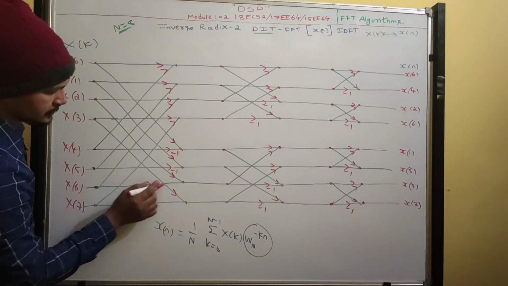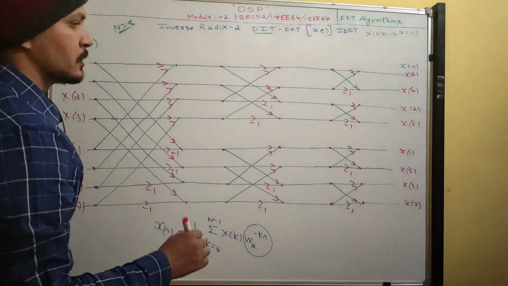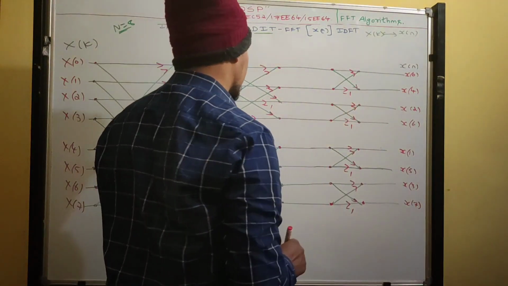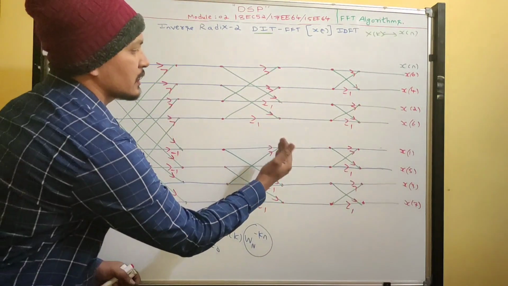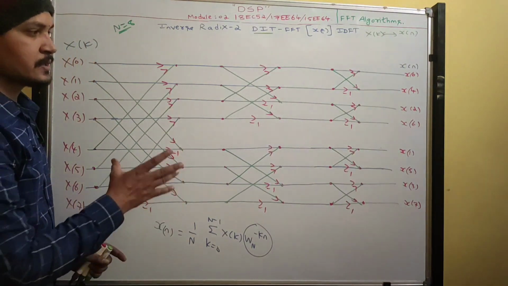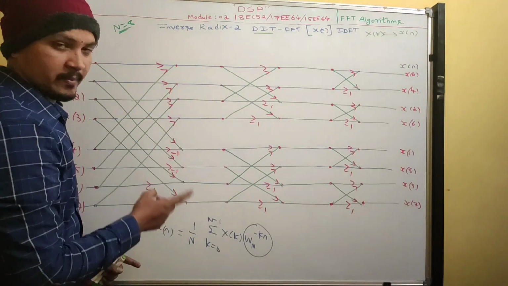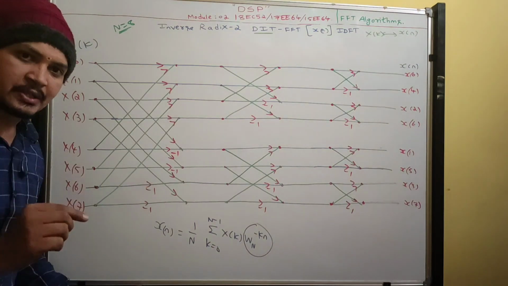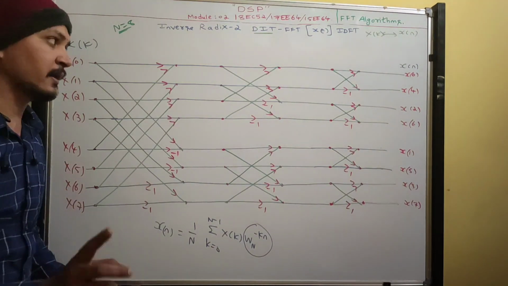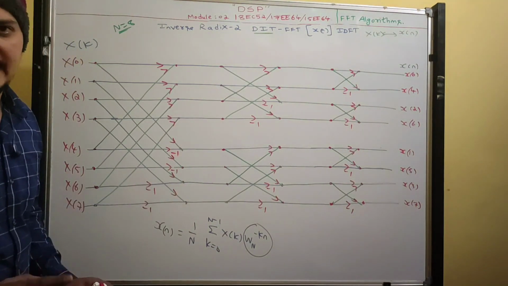This one is entering, this is entering. Now you should write twiddle factors after the butterfly. See the previous butterfly structure of radix 2 DIF FFT; that one and this one are both the same.